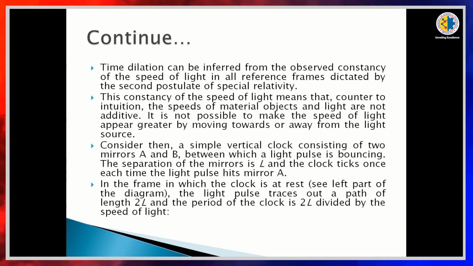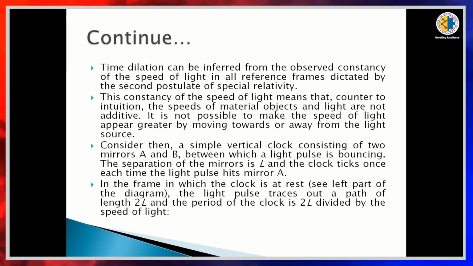This constancy of the speed of light means that, counter to intuition, the speeds of material objects and light are not additive. It is not possible to make the speed of light appear greater by moving towards or away from the light source. Consider then a simple vertical clock consisting of two mirrors A and B, between which a light pulse is bouncing.